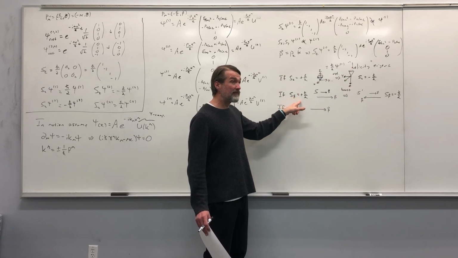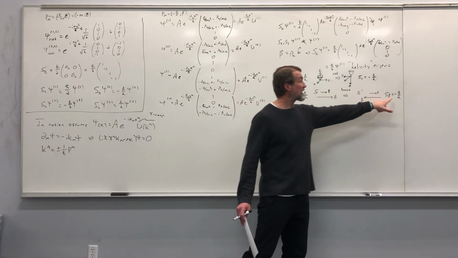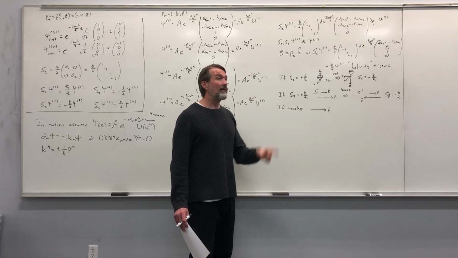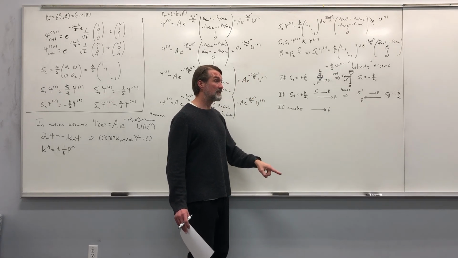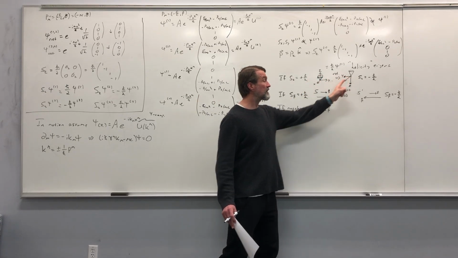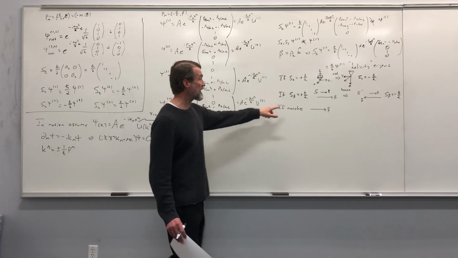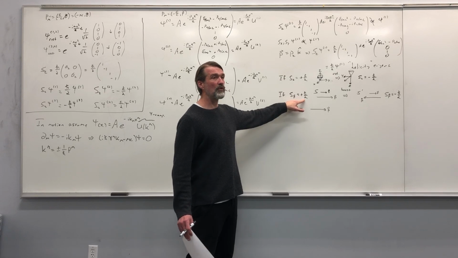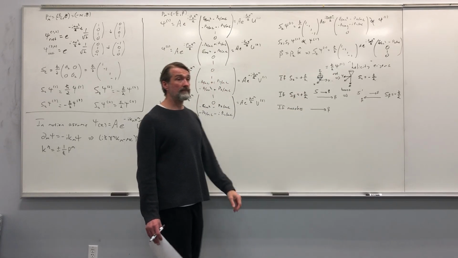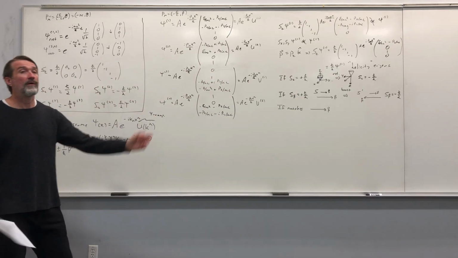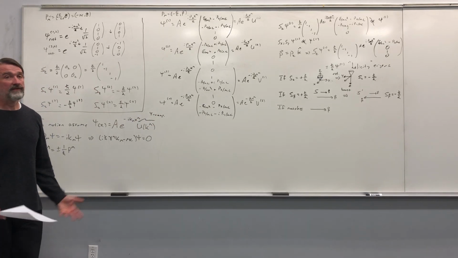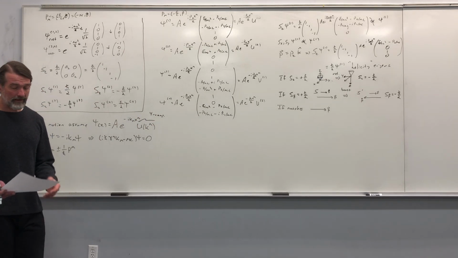If you're massive, you can have plus, or if I just change my reference frame, I can change it to minus. However, if you're massless, you can have this change, but you cannot have this change. You are always going to have plus h bar over 2 for your helicity. If you have it at any time, it's always going to be that. And it's always going to be minus if you have minus at any point. Okay?